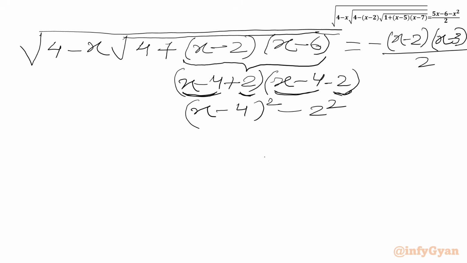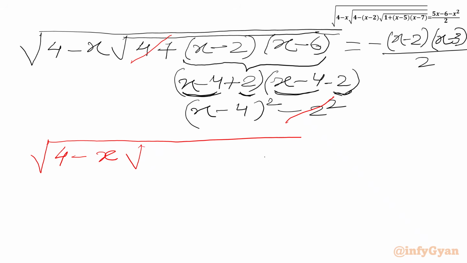2 square is 4 and here we have 4. So we will cancel plus 4 and minus 4. So our equation will convert into square root of 4 minus x times square root of (x minus 4) whole square.